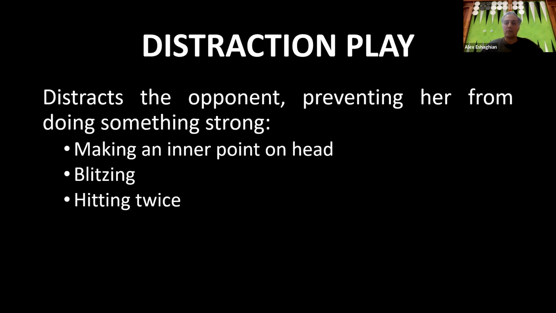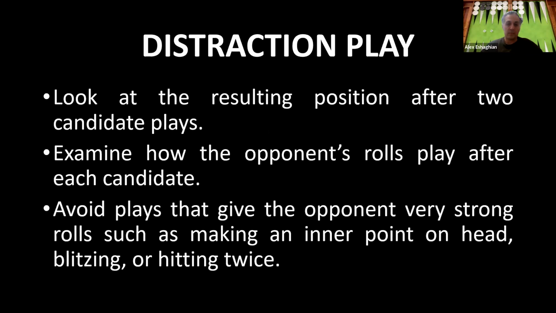Also, if the opponent's able to make an inner board point, it's usually stronger than making an outer board point, because it strengthens the home board, increasing the likelihood that you will dance either immediately or later. So when you're considering a distraction play, you need to look at the resulting position after your 2 candidate plays.